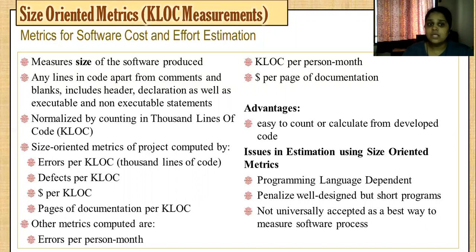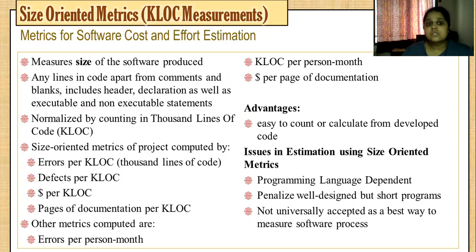So you just cannot count line number 1, line number 2. Instead you will count it in kilos or 1000 lines of code, or KLOC. So instead of LOC we will be using the term KLOC, that is 1000 lines of code.